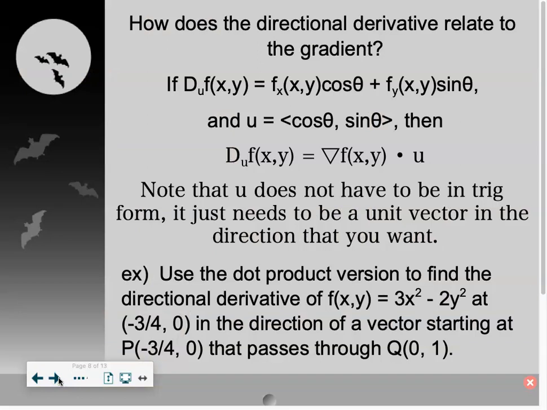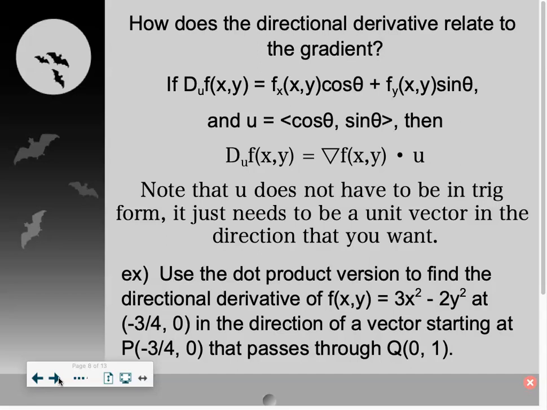So this is why I taught you gradient. Different books do this differently. Some do gradient first and then directional derivative. Our old book did directional derivative first and then gradient, which was silly because the directional derivative is most easily calculated and defined with the gradient in it. So that's why I taught you gradient first.